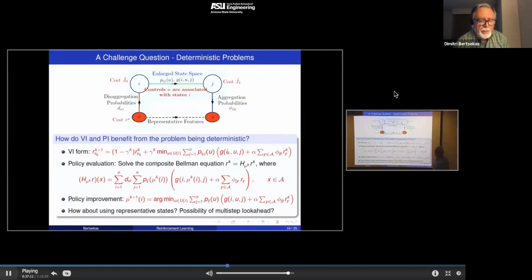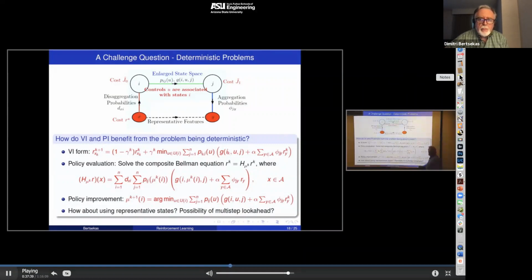Now, a question to you is, suppose that the problem is deterministic. Make it as deterministic as you want. What's the benefit of it? How can we exploit determinism in this framework to make the computations more tractable? Also, suppose that you want to go all the way with determinism and use representative states instead of representative features.